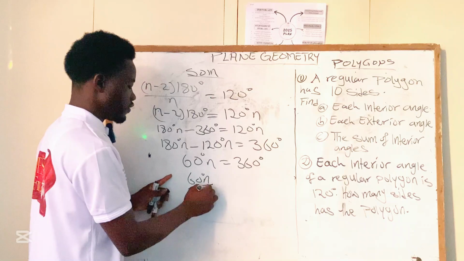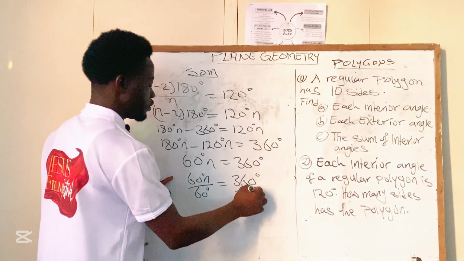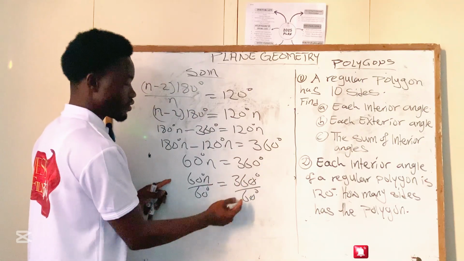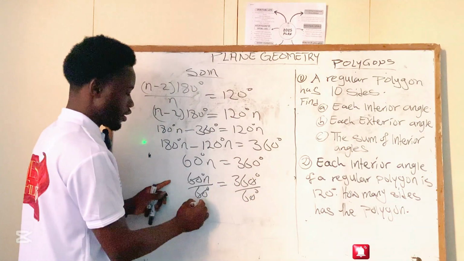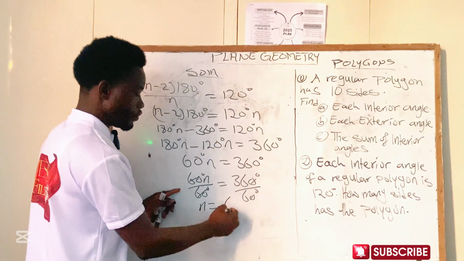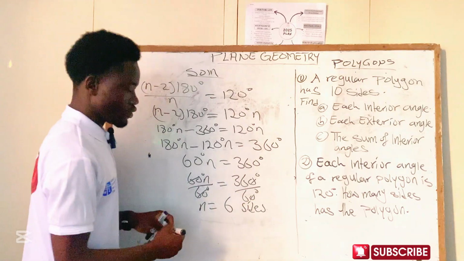So divide here by 60 degrees and divide the right hand side too by 60 degrees. So this 0 is going to go with that, leaving 36, and this cancels that, leaving n to be equal to 36 divided by 6, which gives you 6 sides.